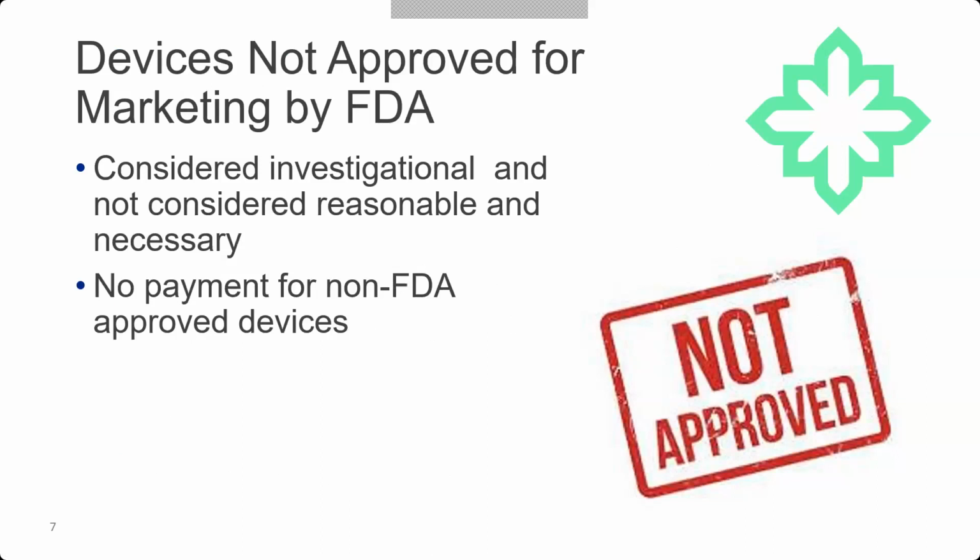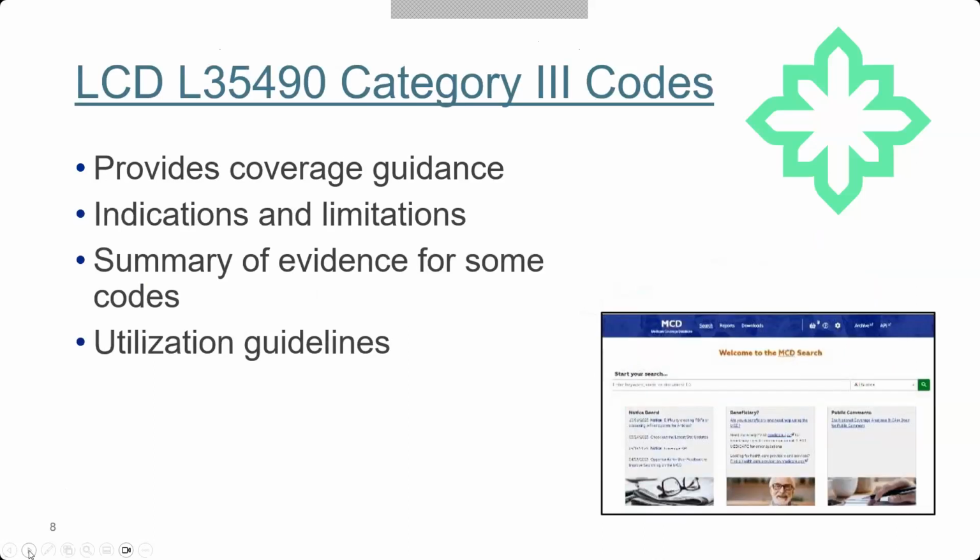Now, I bring this up to help you better understand what these Category 3 codes are. And remember, Category 3 codes are temporary codes for tracking new and emerging technologies and procedures. They have not yet met the permanent Category 1 criteria, but they still need to meet medical necessity and FDA approval. So moving on, let's talk about our LCDs for Category 3.